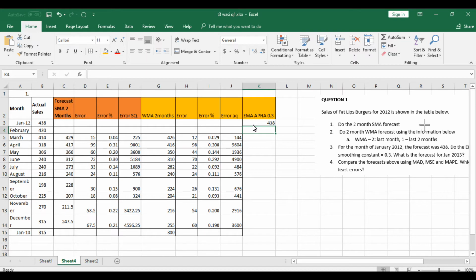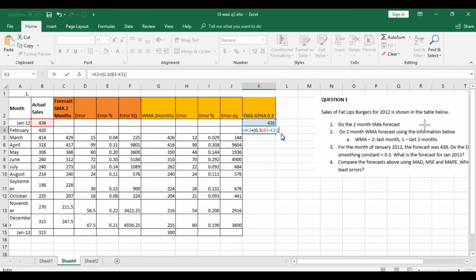For exponential moving average, the formula is equal to last month forecasted value plus alpha, which is 0.3 in this period, times last period actual sale minus last period forecasted value. Just close the bracket.